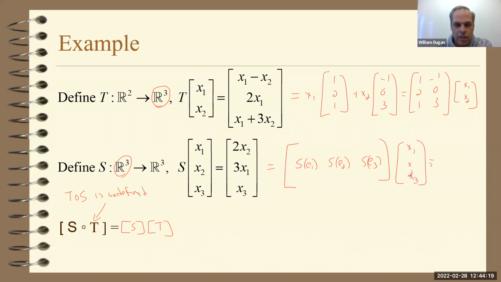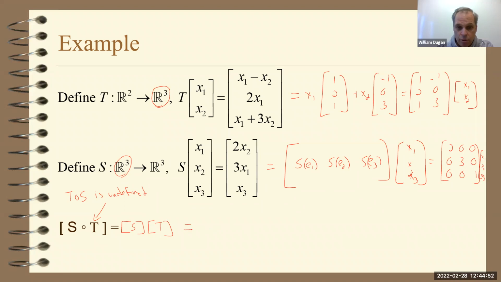So here, if I take this mapping and apply it to the vector (1, 0, 0), you get the vector (2, 0, 0). If you apply the mapping to e2, that's (0, 1, 0), you get the vector (0, 3, 0). If you apply this mapping to e3, (0, 0, 1), you get the vector (0, 0, 1). And that means we now have the standard matrix for S.